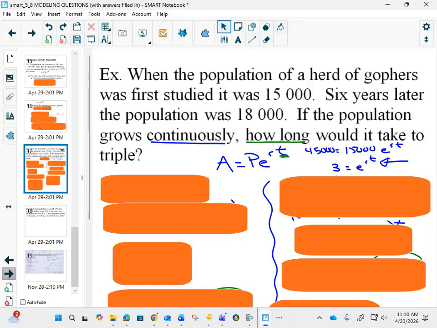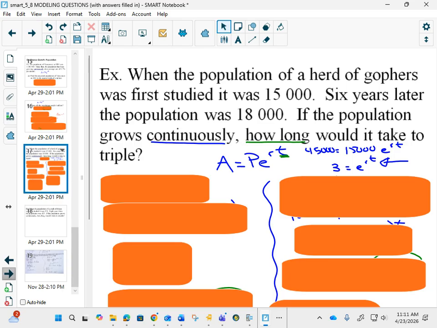Okay. This is what makes this question a little bit difficult. You want to find t, because it says how long will it take to triple. But when I look at the formula, I want it to triple, so I have an original amount. I can take the 15,000 or the 18,000 and triple it to get the amount. But I don't know t because I want to solve for that. I also don't know what r is.